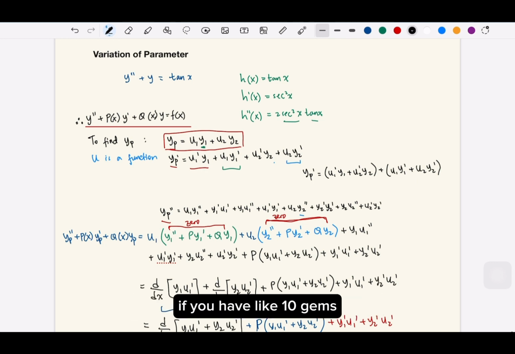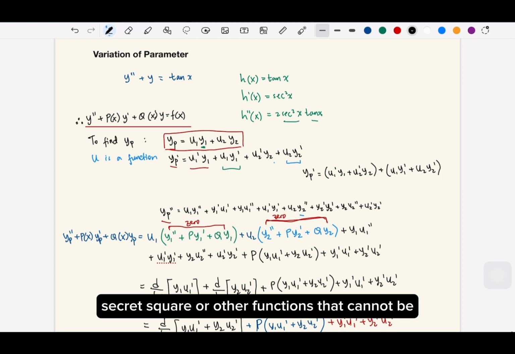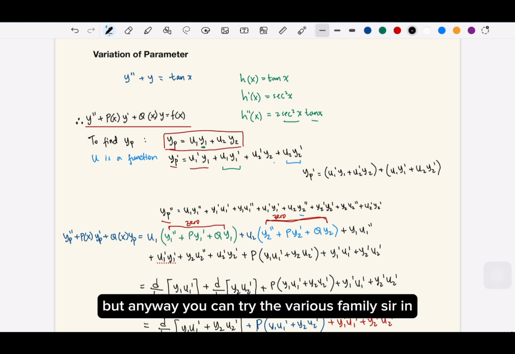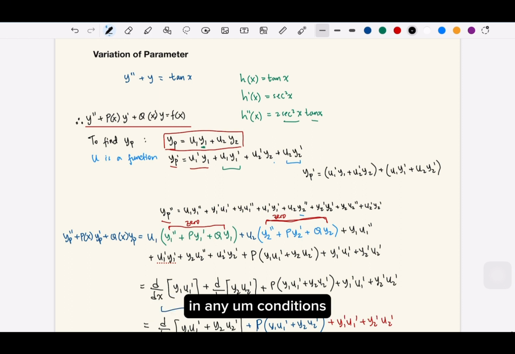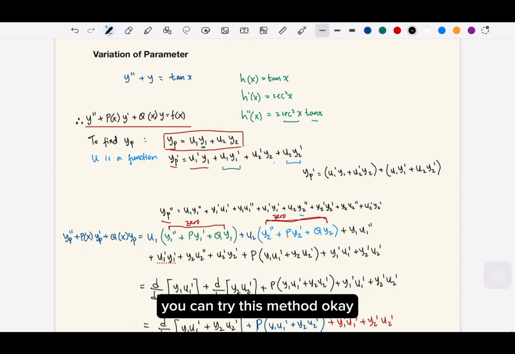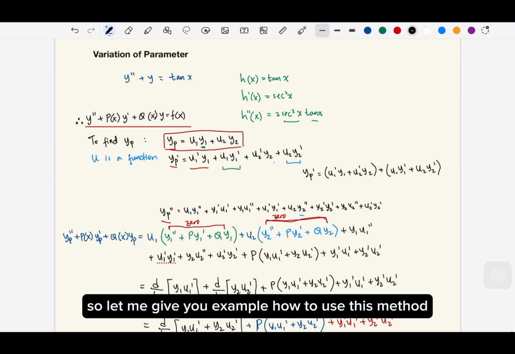For example, if you have like tangent, secant squared, or other function that cannot be determined with the previous method. But anyway, you can try the variation of parameter in any conditions, especially for second order differential equation. You can try this method.